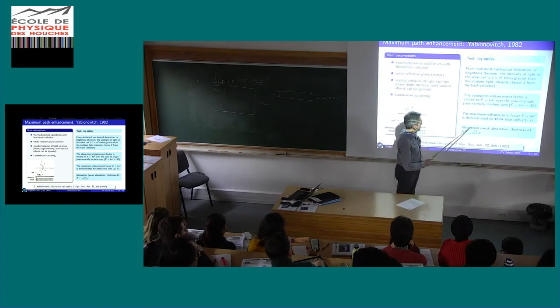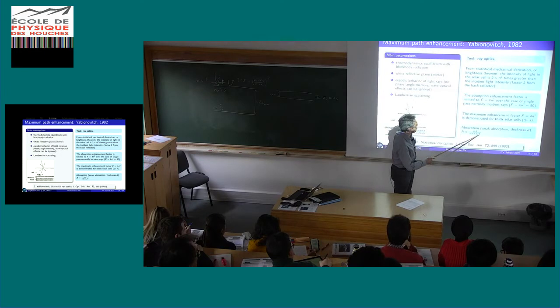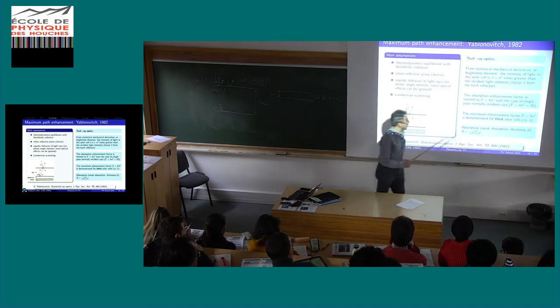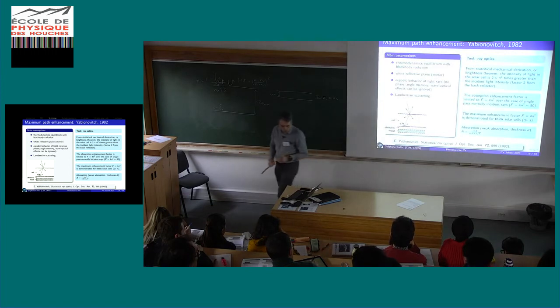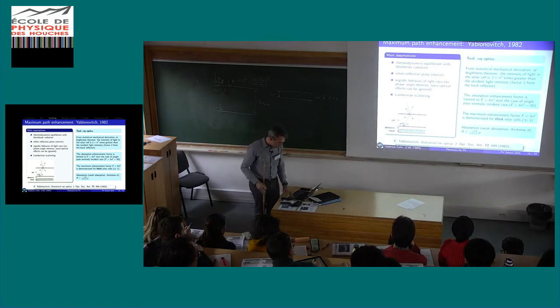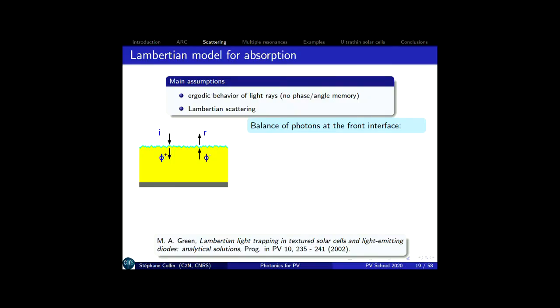And he has shown that the absorption can be written with this formula, alpha d over alpha d plus 1 over f, where f is the path enhancement factor. I propose to show you how you can derive the same result, but with a slightly different demonstration.